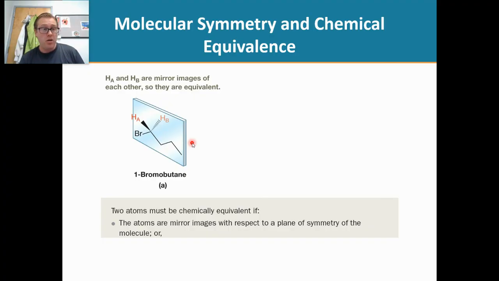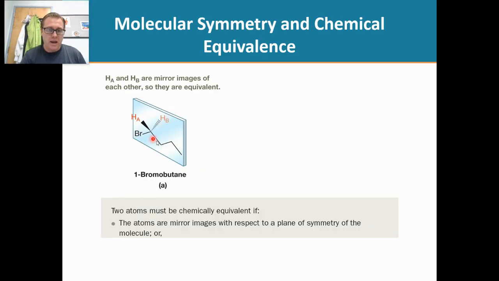If you can take a molecule and look and see a plane that's exactly the same on both sides, then that means those two protons are equivalent. So, for example, we are asking the question, is this HA and HB? Are they equivalent or not? Well, you take the molecule, orient it, and see if you can split it right down the middle, and everything's exactly the same. So you can see that there's a hydrogen on the left side and a hydrogen on the right side of the plane.